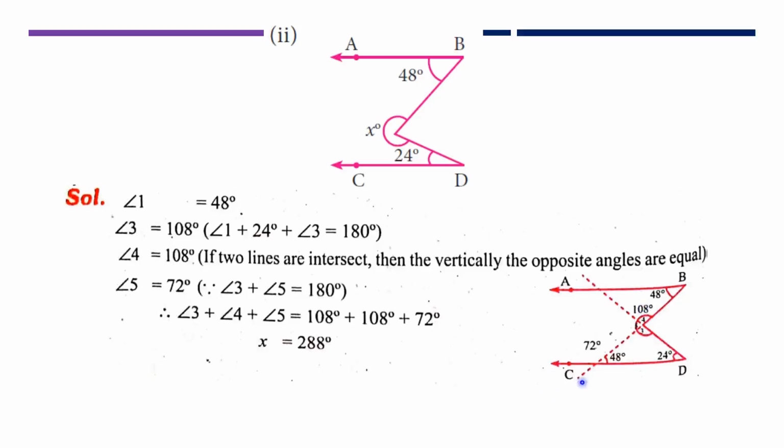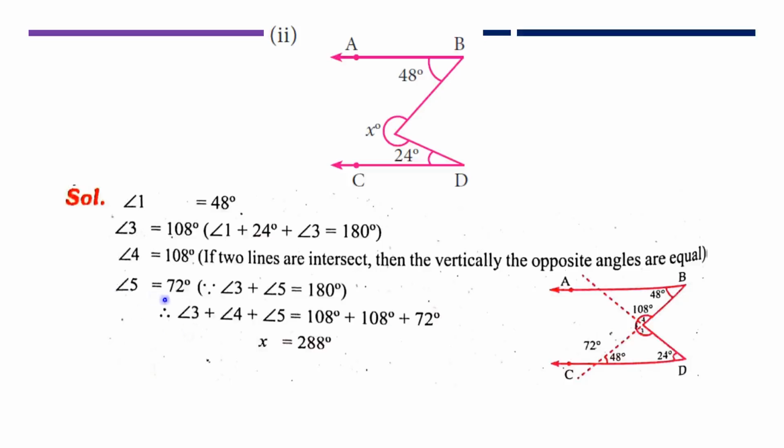How to consider this BC line? This is a straight line, which means angle 4 and angle 5 are adjacent angles, and a straight line means a straight angle. So I have to subtract 108 degrees from 180 degrees, and we get angle 5 as 72 degrees. Then I have to add all those three angles to get the x value: angle 3 plus angle 4 plus angle 5.